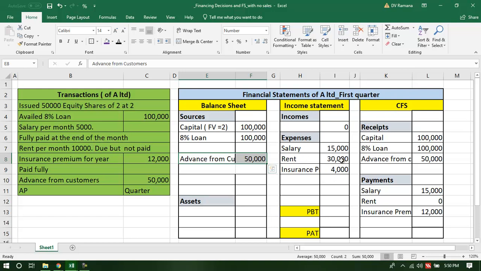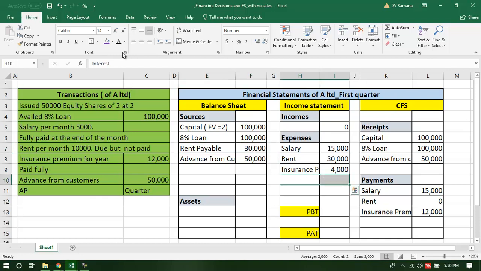We also forgot to say this: when rent is 30,000 but not paid, rent is a liability. We have to show the rent as a liability, or rent payable as a liability. No other transactions are given here. However, there is a loan sitting on the balance sheet, and interest on that loan is 8%.